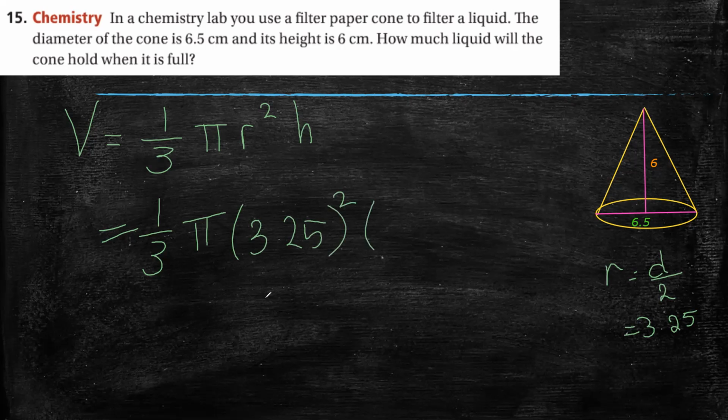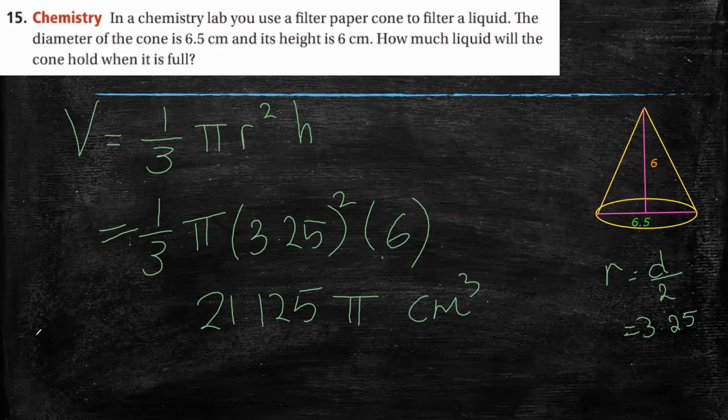So one third pi times 3.25 squared times 6, the answer is 21.125 pi cubic centimeters. This is how to find the volume of a cone. Is it clear? Okay.